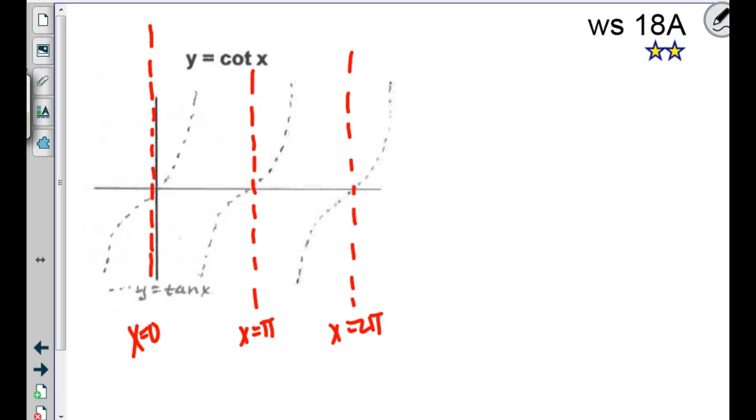All right. Cotangent is cosine over sine. So what would make it undefined? When the sine is 0, and the sine is 0, remember here's a sine graph.